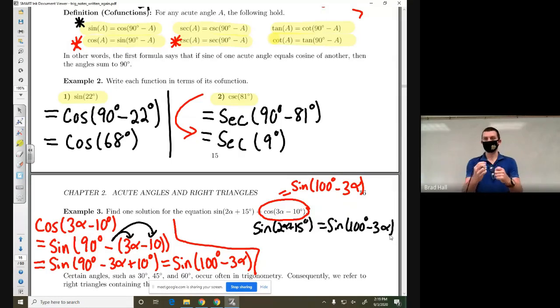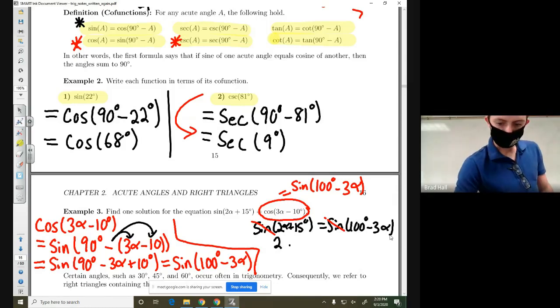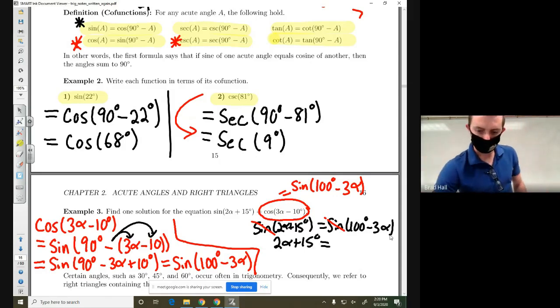Now that we've swapped out the cosine part for its equivalent sine part, and conveniently here, since we're looking for one solution, we can just cancel out these sines. That was the whole point. That's why we went through all of this hassle, just to do that. So now we have 2 alpha plus 15 degrees is equal to 100 degrees minus 3 alpha.